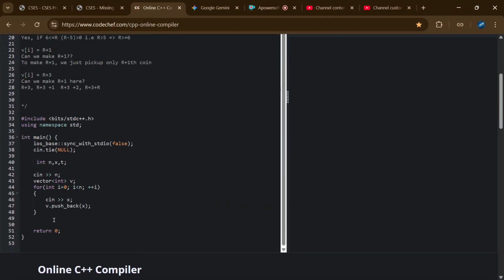So let me sort it: sort v dot begin, v dot end.